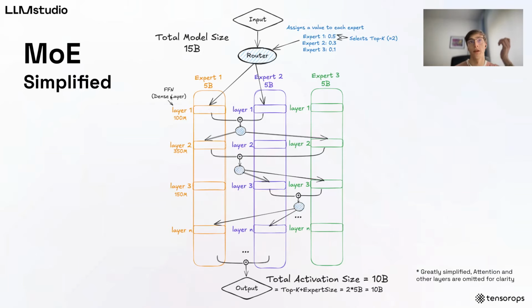These are usually full feed-forward network layers or dense layers. They may vary in size. For example, here layer 1 is smaller, then you get layer 2 that is bigger. But you can do whatever. So you get these 2 layers to process on each expert.